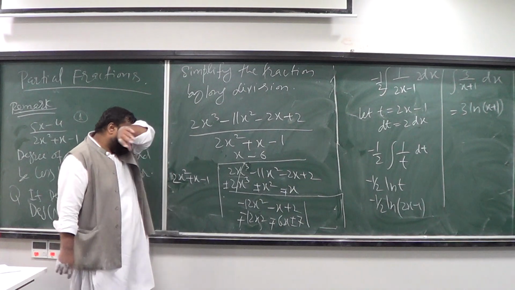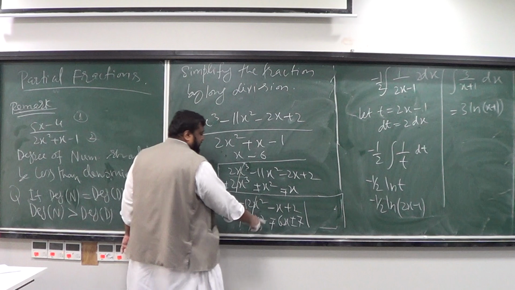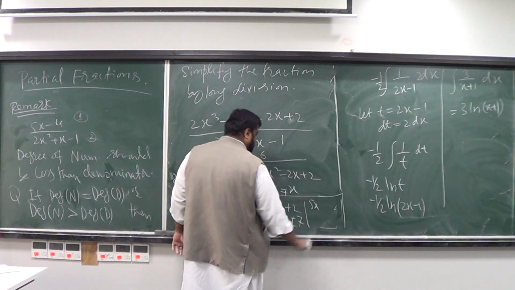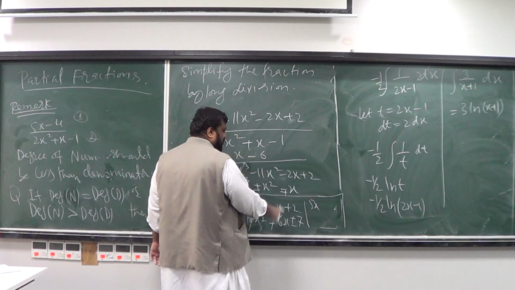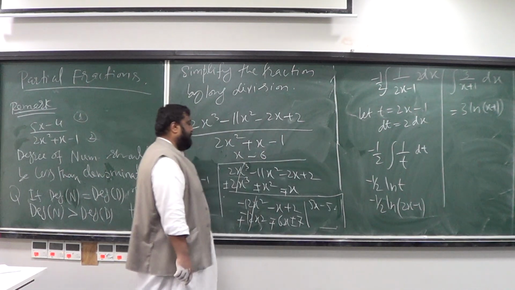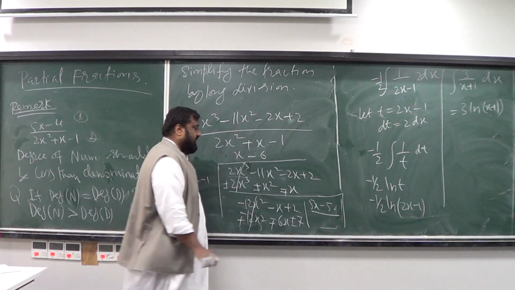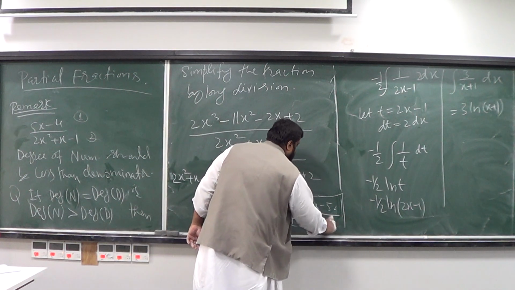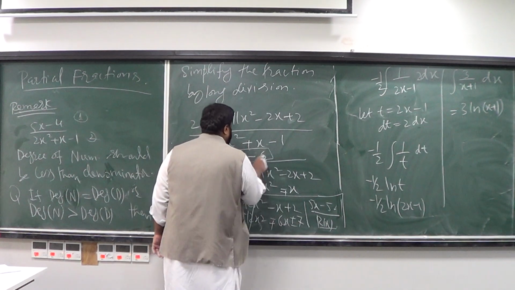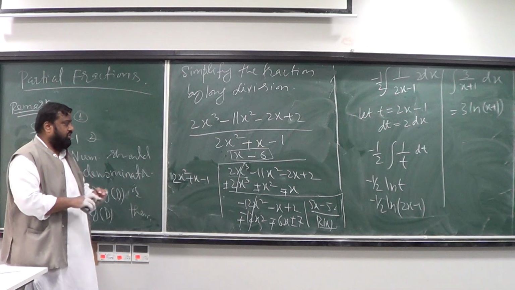These two terms will go away. So this will become 5x, and minus 2 minus 7 will become minus 5. So this is the remainder. And this is your quotient.